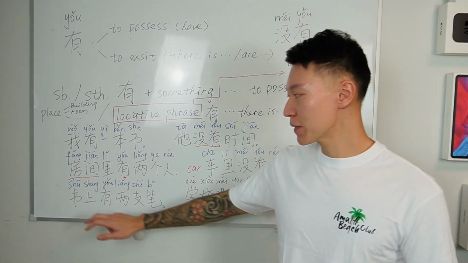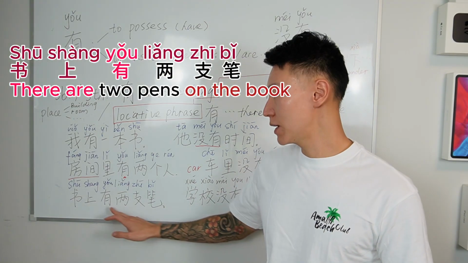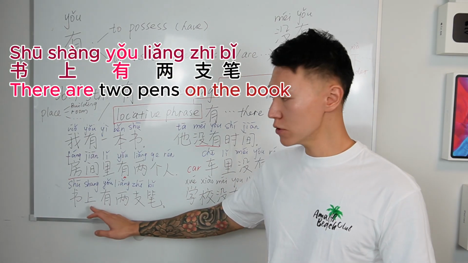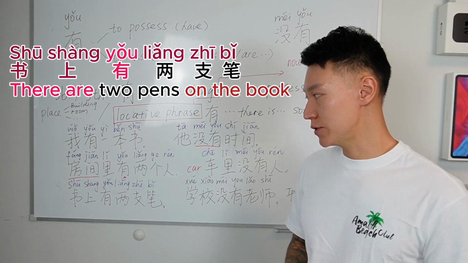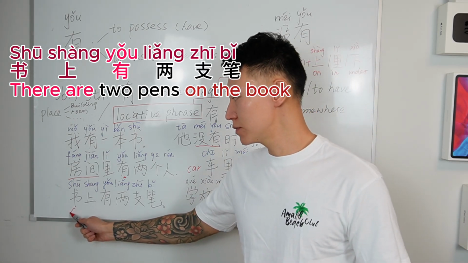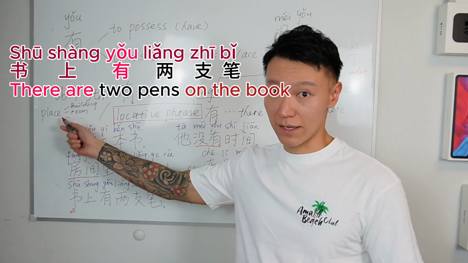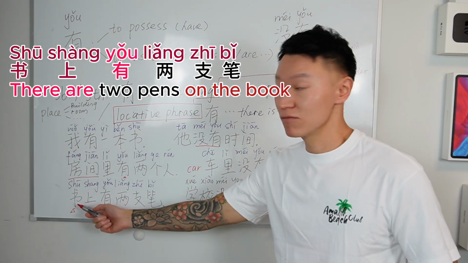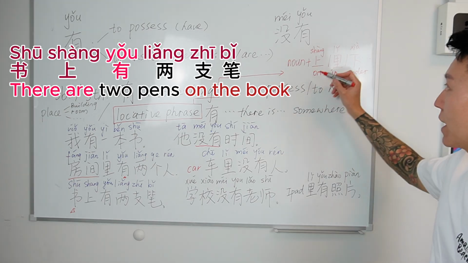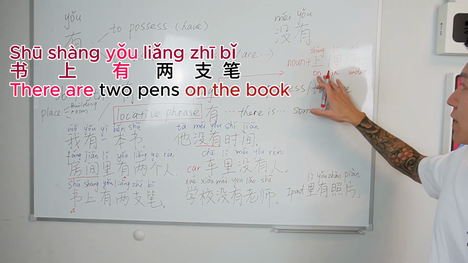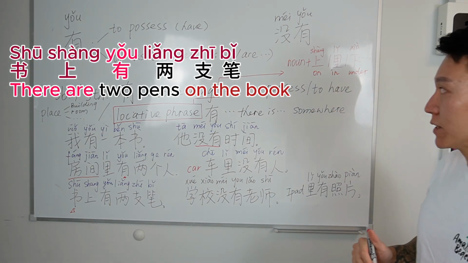Next one. 书上有2支笔。书 a book. So a book is not a place. It's just a normal noun. That's why we need a position after this noun.